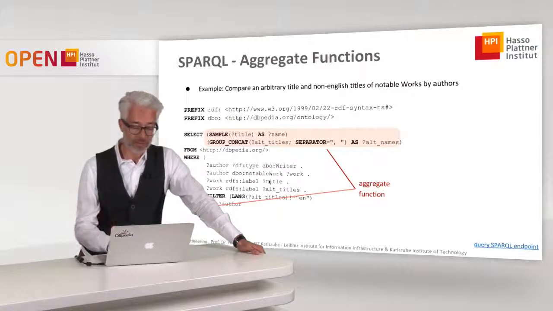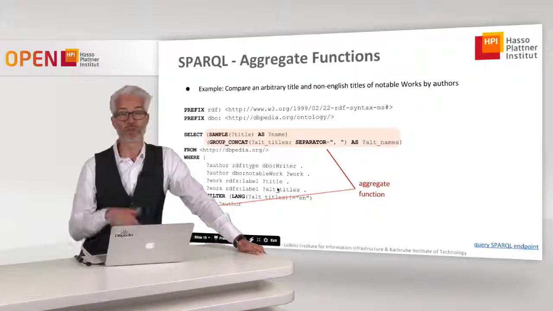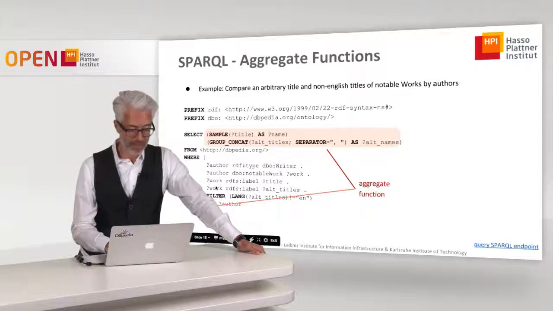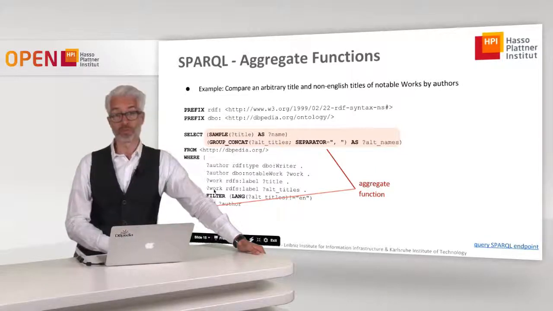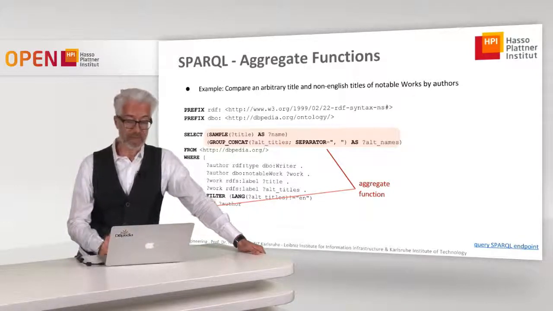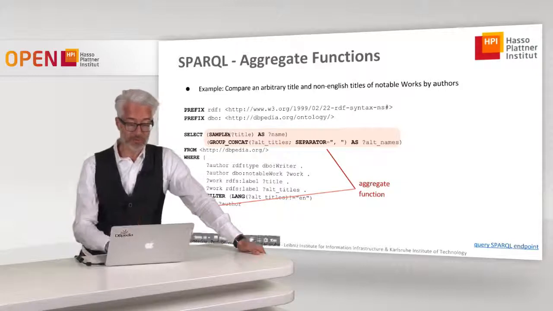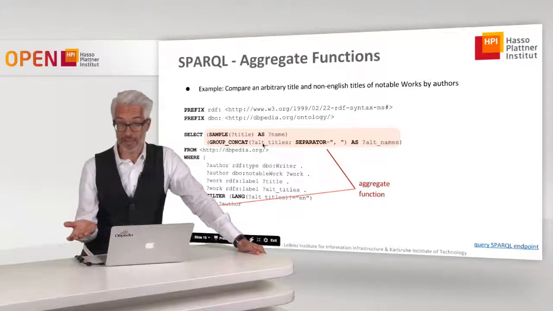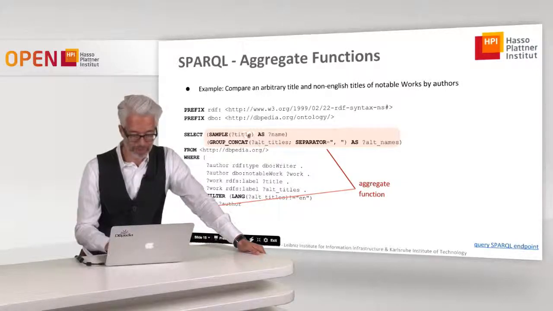Therefore, first variable title, there is the title of the work. Next variable alt titles, which means all titles you have also for the work. Why we have to do that, you should think it over, and of course you can discuss it in our discussion list. Otherwise, if you leave this out and simply do it with title, what happens then? Try it out, you will see.